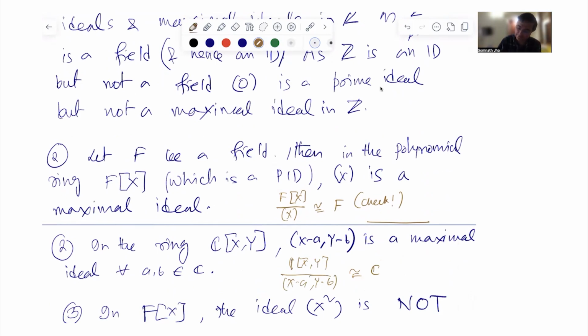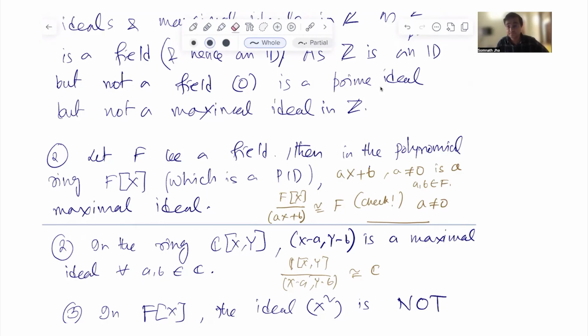In fact, if F is a field, then (ax + b), where a is not equal to 0, is a maximal ideal in F[x], and you can similarly check that F[x] mod (ax + b) is isomorphic to F. So all linear polynomials give you maximal ideals.